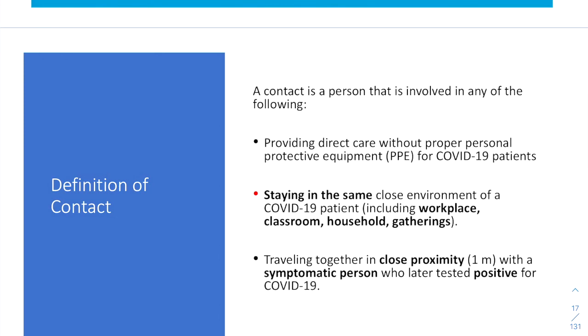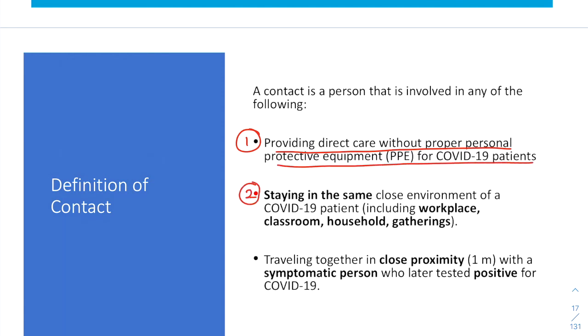Another point to note is that you should know who is a contact of COVID-19. Okay, a contact is any person who is involved in any of the following. Number one, the person is providing direct care without any personal protective equipment for COVID-19 patients.